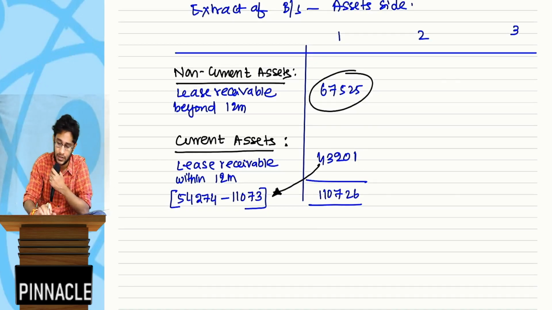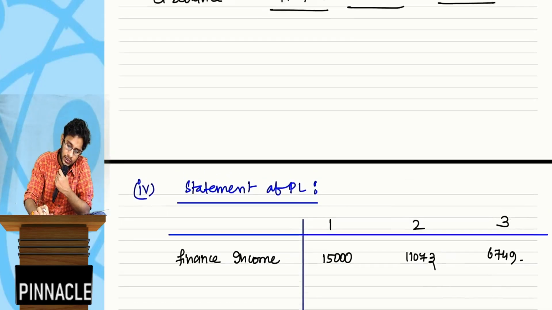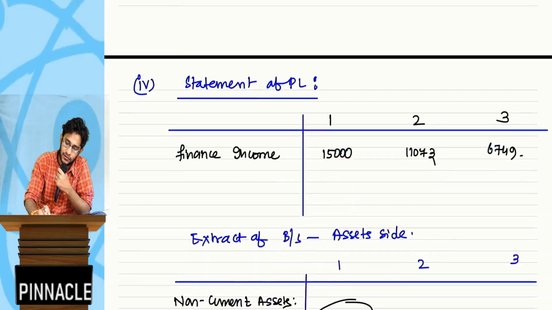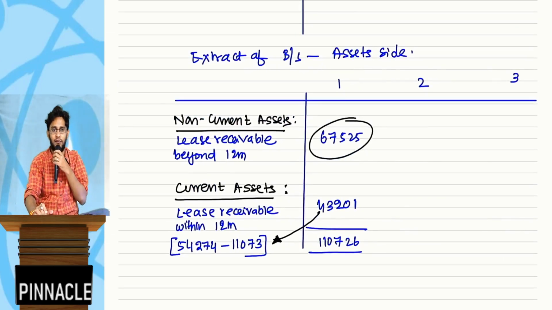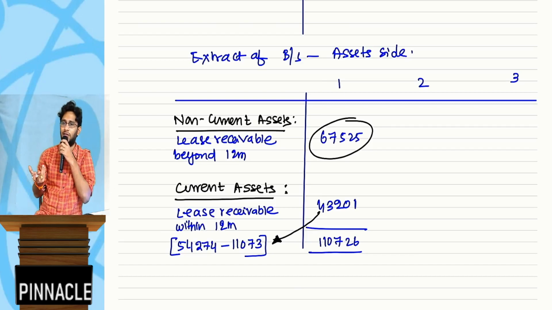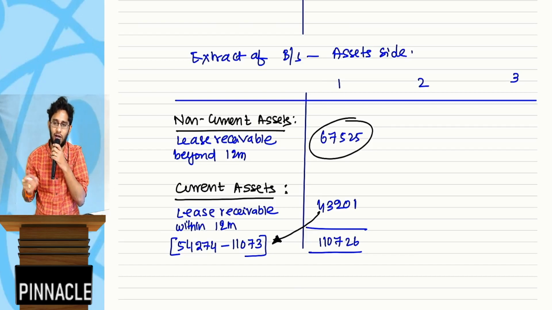Second year ending, I have 67,525. Carefully observe, we are already standing at the end of the second year. The lease period is only one more year. Everything is current only. There is no non-current portion.